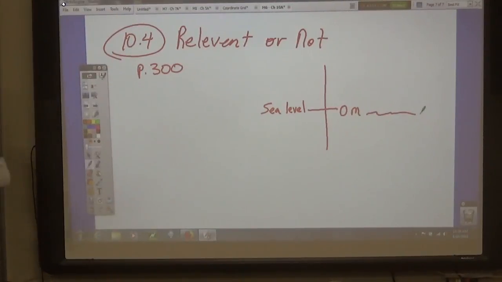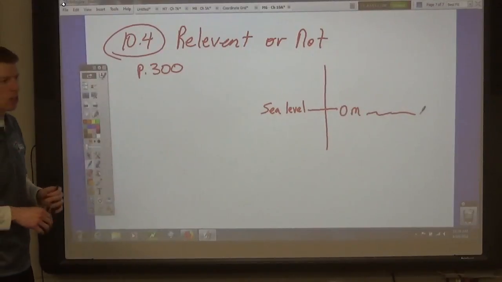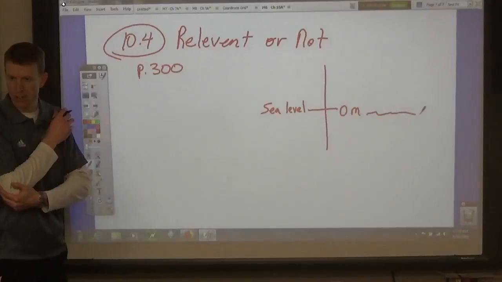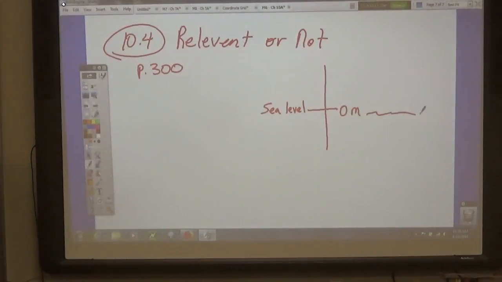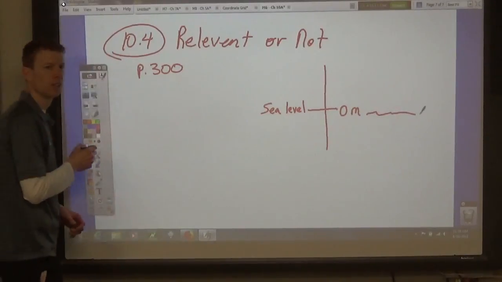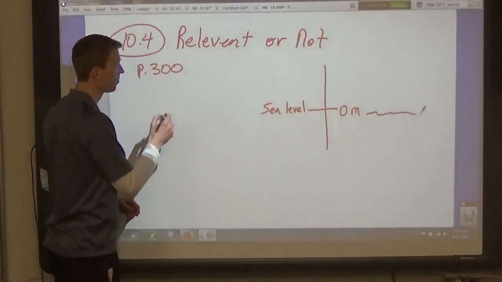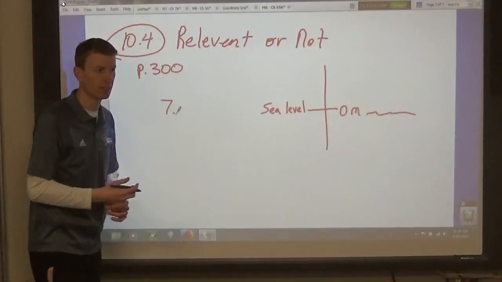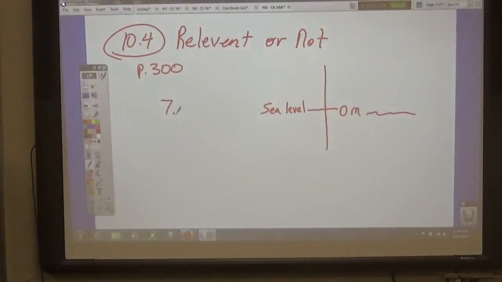How would you solve this? What operation would we use? Subtraction. Yep. To find the difference, you have to subtract the two amounts, the height of Mount Blanc and the height of Mount Kamet. Which one would you write first? Matt? Which one is bigger? Which one is taller? Kamet.